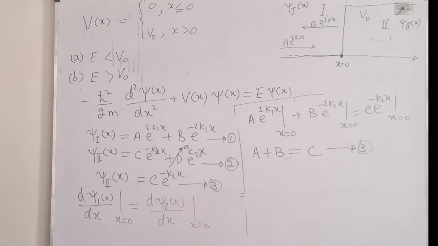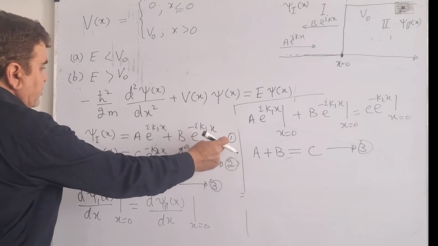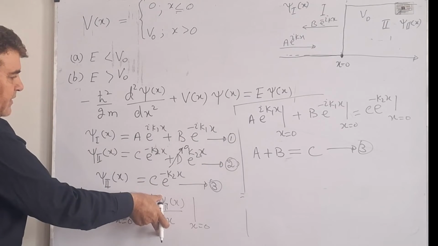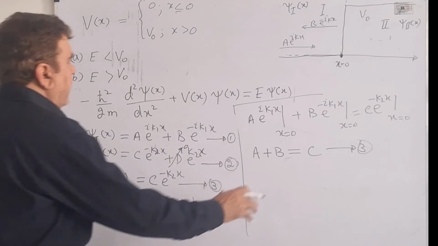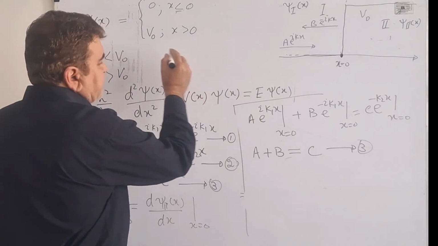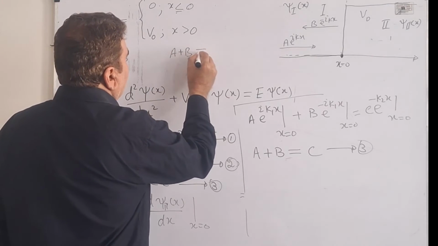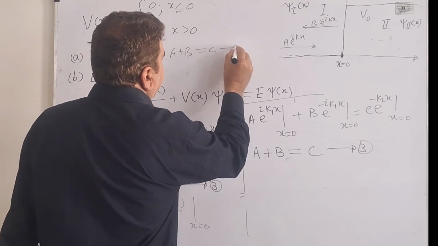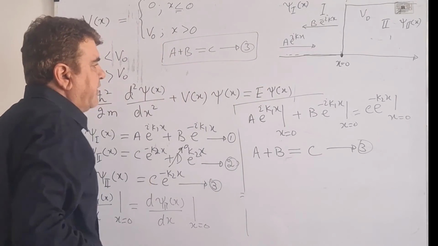So first I need to find this side by differentiating the wave function in equation 1, and then this side by differentiating the wave function in equation 2. I just want to put this equation somewhere over here for later use, a plus b equals c, and I call this equation 3. I'm boxing this equation for reference.